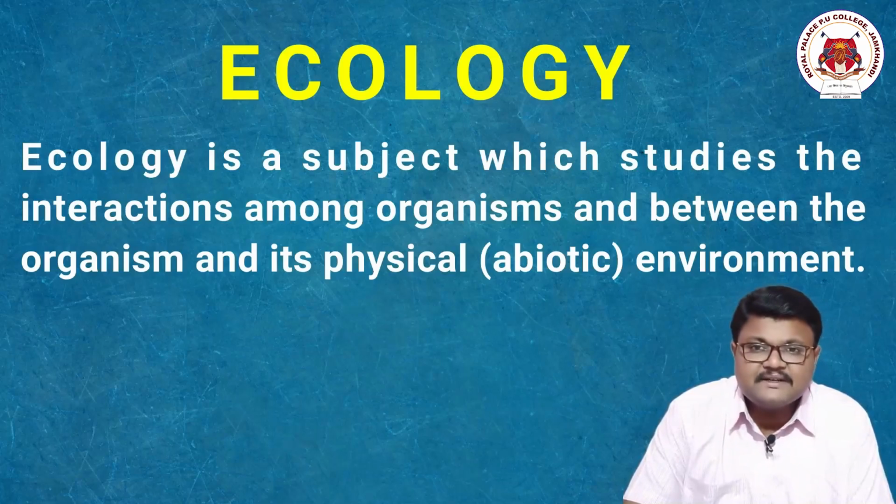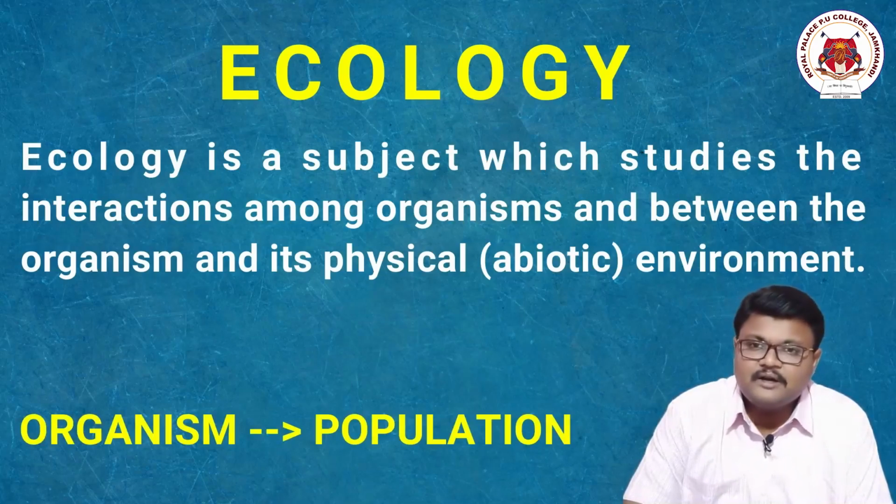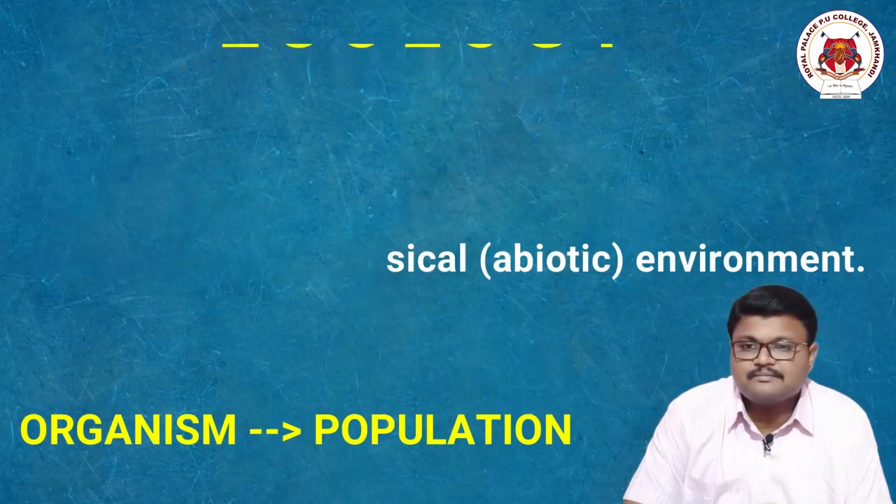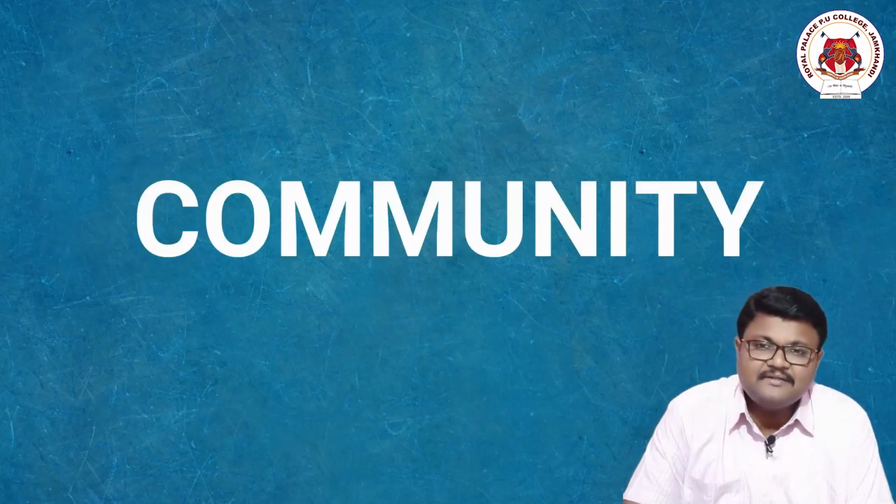Now, we started our journey of explanation by taking an example of a single organism, an individual or species. Now the number of the same species got increased, and it got the name population. Now we need to go further and understand another word, and that word is community.